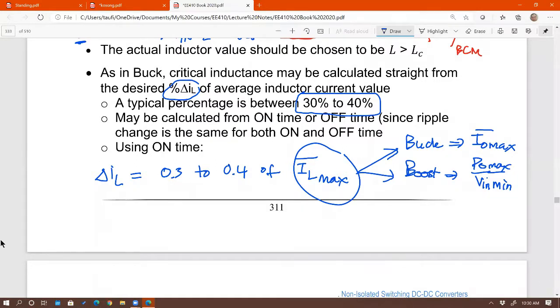Of course. Because I out is equal to V out over R. If you translate current into resistance, then I out max must be equal to V out over, which one, R min or R max? R min, yes.